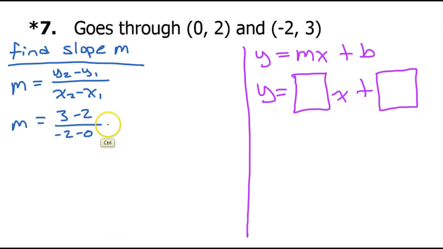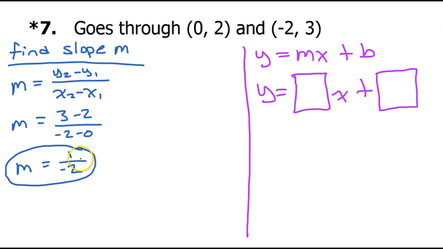So that's going to be 1 over negative 2. 3 minus 2 is 1. Negative 2 minus nothing is still negative 2. So there is my slope right there. I can go ahead and fill that in. Negative 1/2. That's my slope.